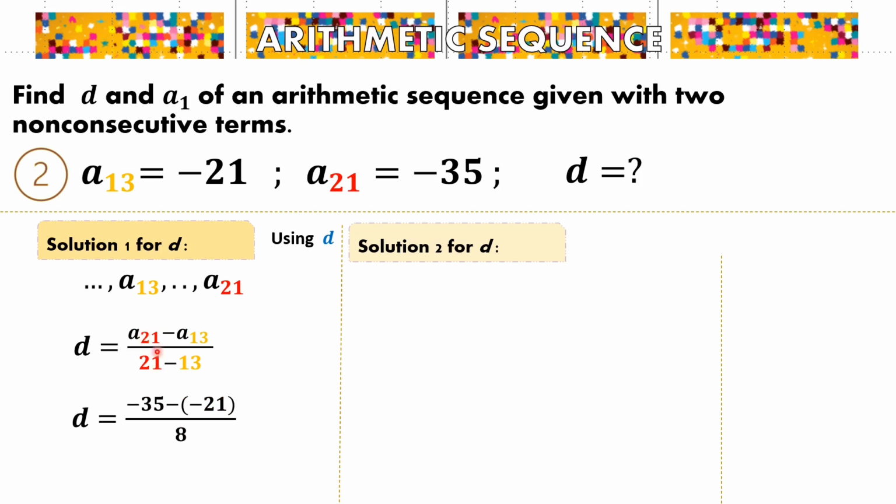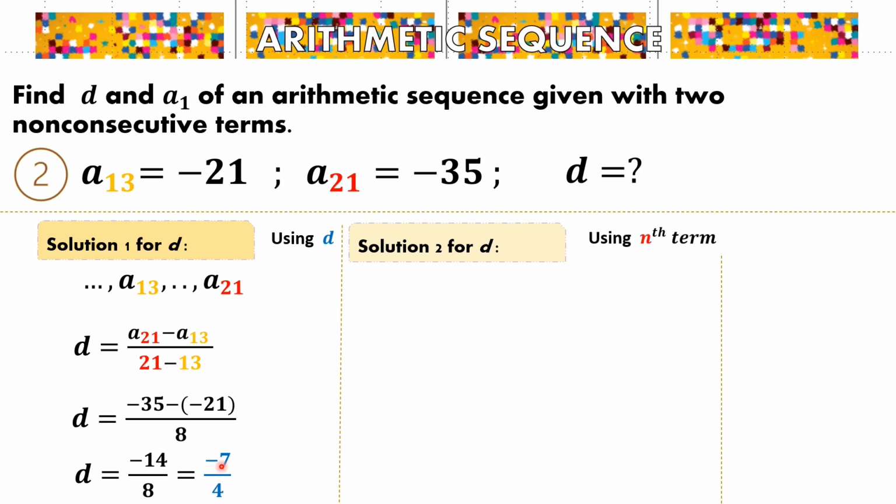Substituting the values of a sub 21, which is negative 35, minus the value of a sub 13, which is negative 21, all over 8. That's from 21 minus 13. So we've got d is equal to negative 14 over 8 in lowest terms. That is negative 7 over 4.